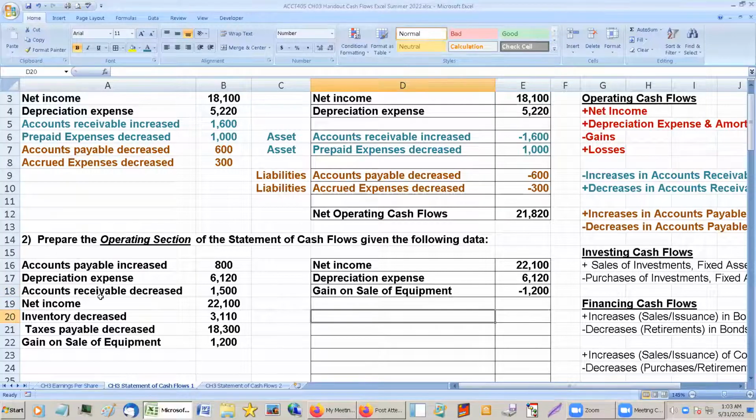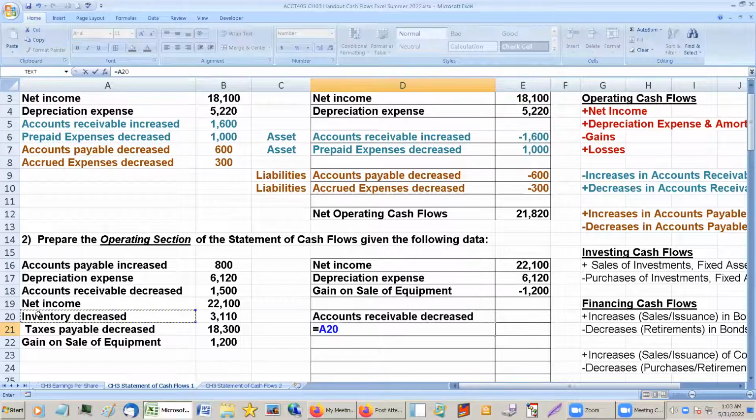Okay, so let's see what assets we have. Accounts receivable. Inventory. So these are both assets.